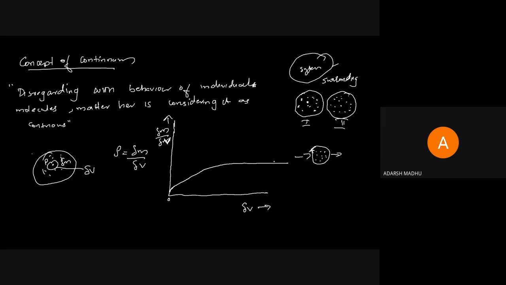When the density value decreases from higher to lower, we get a graph coming from the top like this, and at a point it goes to a continuous line. At this point we can take delta V dash.